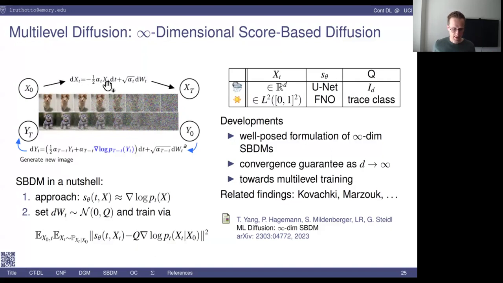Then you realize that adding Gaussian noise to the images is not well-posed. So you need some coupling between the pixels or some spatial information. Technically, the covariance operator needs to be trace class, so you have decaying singular values in there.